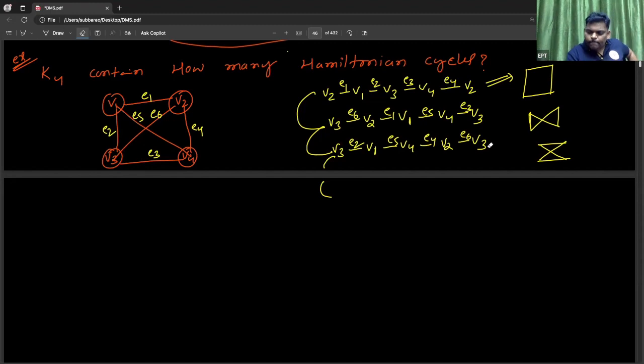Check, is it correct? If you see the third one, V3, V1, V1 to V4, V4 to V2. I think this may be like this. Next one, what about the second one? V3, V2, V1. Same.